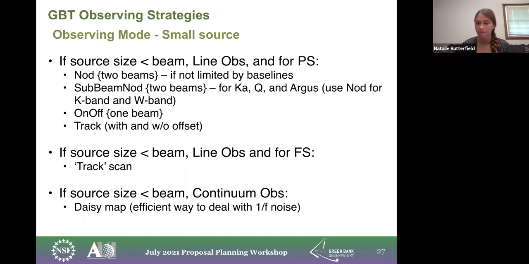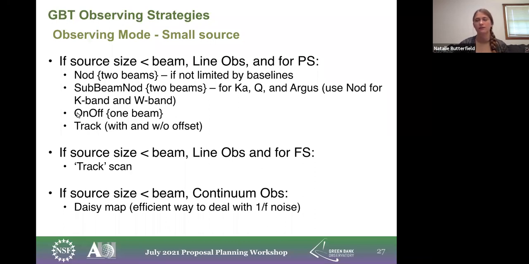You could do a sub-beam nodding. Typically, this is done if you're doing KA, Q, or Argus. And if you're doing K-band or W-band, then you might want to use nodding. You can do what's known as an on-off.